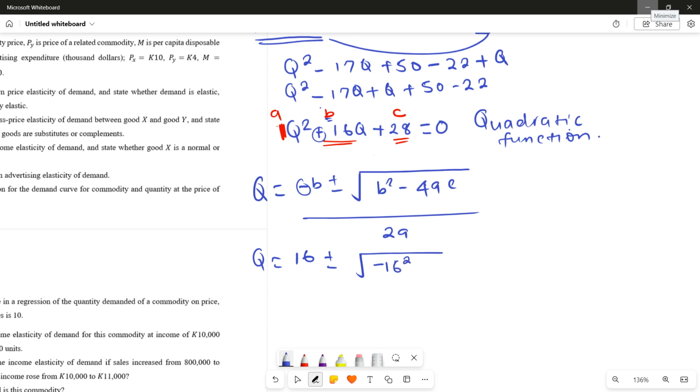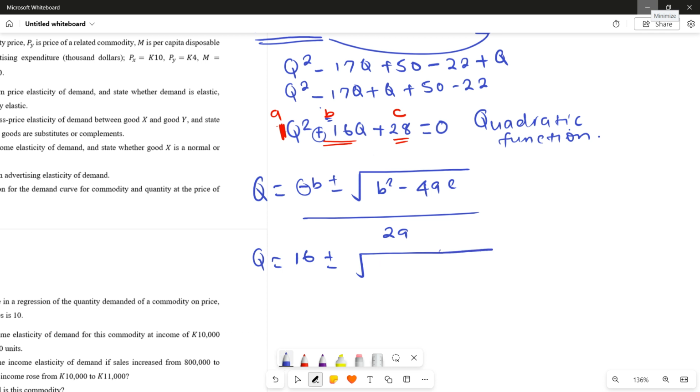Why? Because when you go on the calculator and punch it the way it is here, negative 16 squared, you are going to get a negative answer. And there is no square root for a negative answer. So if you punch it the way I've written this, you're going to get minus 256, which will just jeopardize your answer.